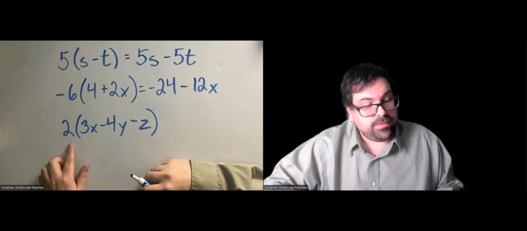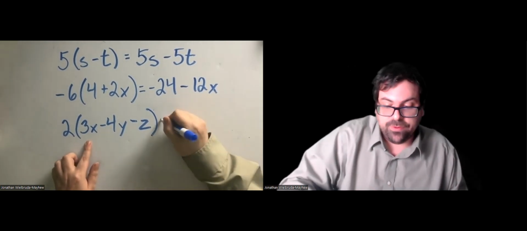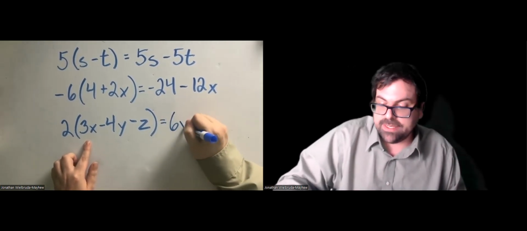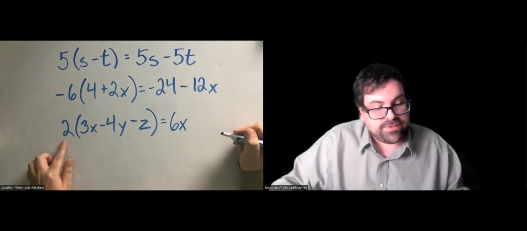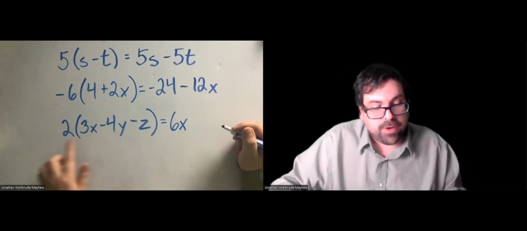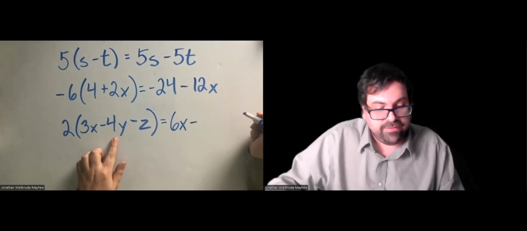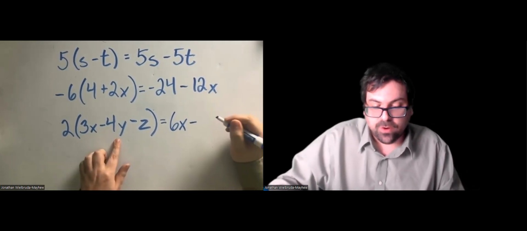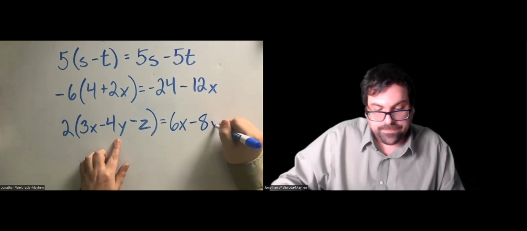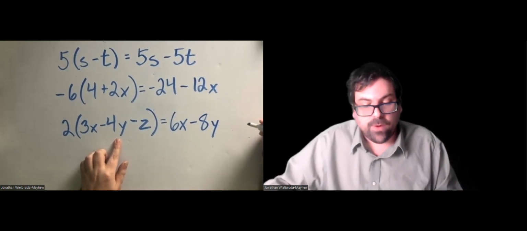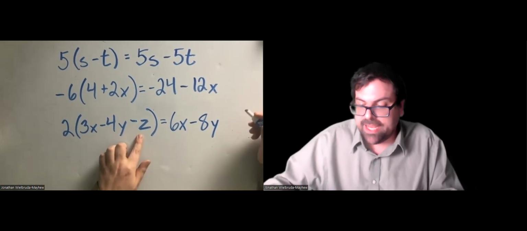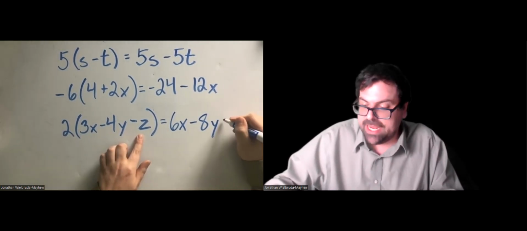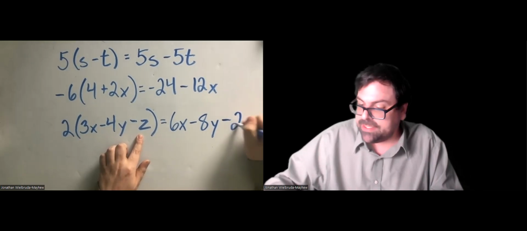In the third, positive 2 times positive 3x is positive 6x. Positive 2 times negative 4y, positive times negative is negative, 2 times 4y, negative 8y. 2 times negative z, positive times negative is negative, 2 times z is 2z.